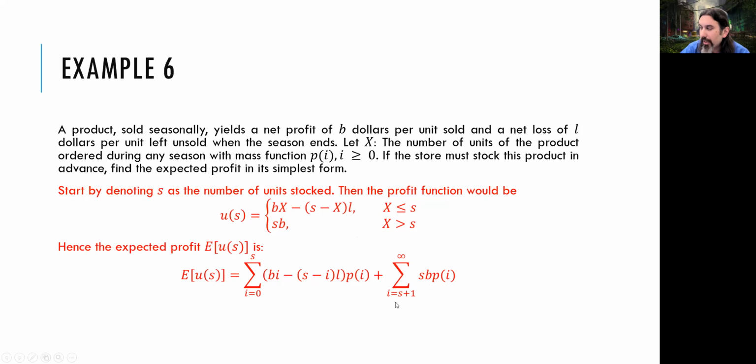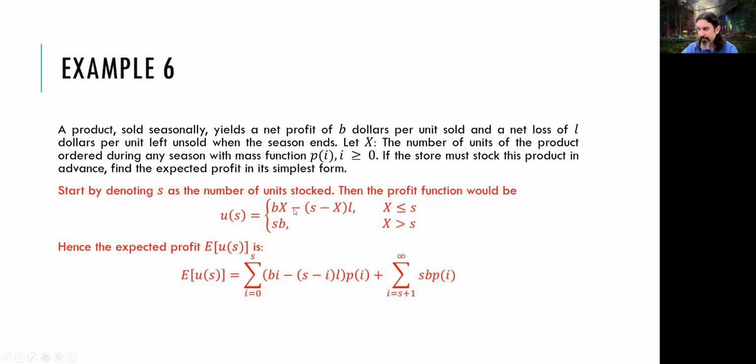Then I have i greater than S, but it starts at S plus 1, because this is discrete and all the steps are one step ahead, with a length of 1. So instead of S, we start with S plus 1 and go to infinity.